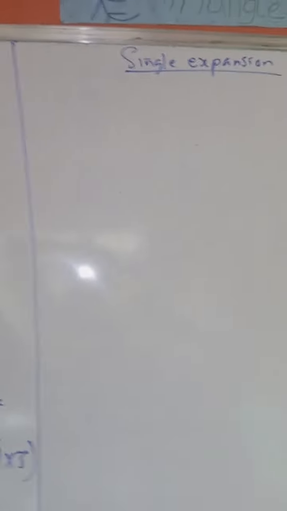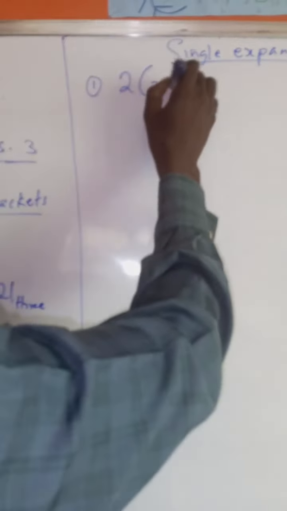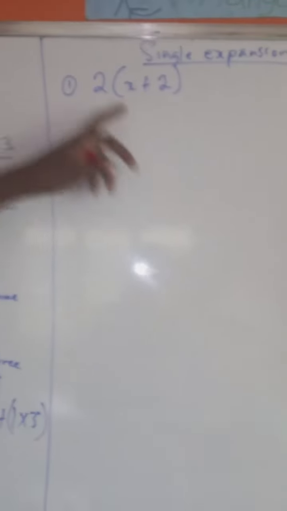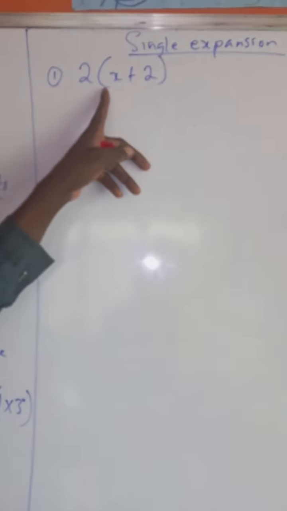Expansion is divided into two. We have single expansion and we have double. But let's first start with the single, because one step leads to another. Let's say I have 2 open bracket x plus 2. So this bracket here signifies multiplication.